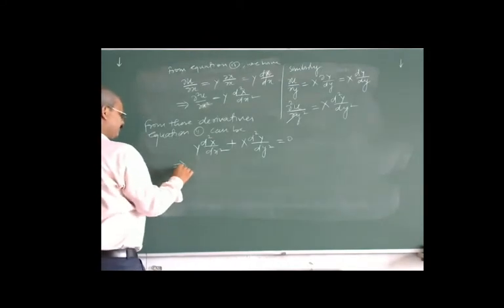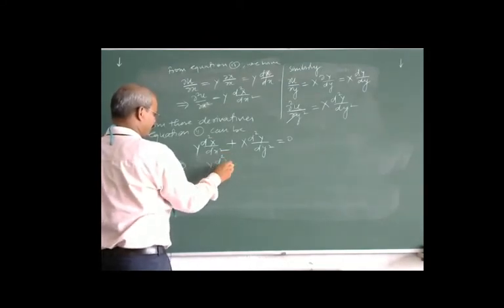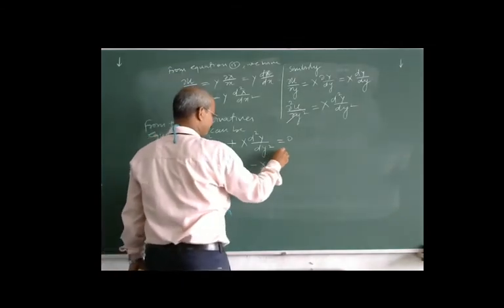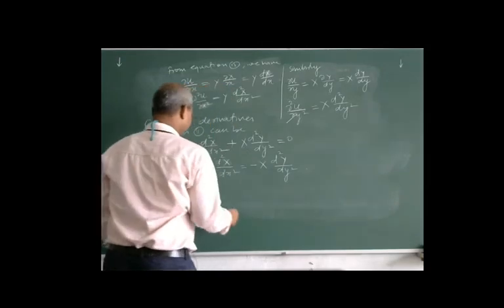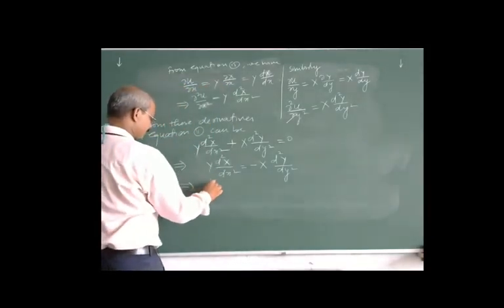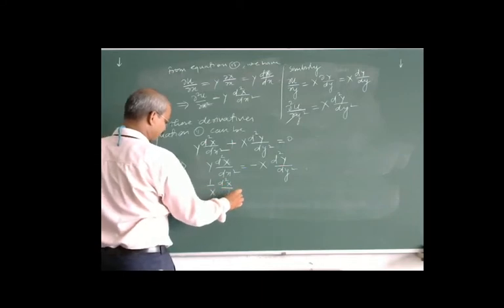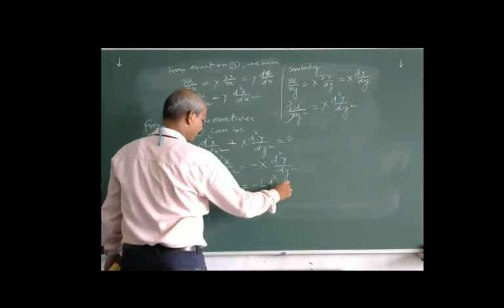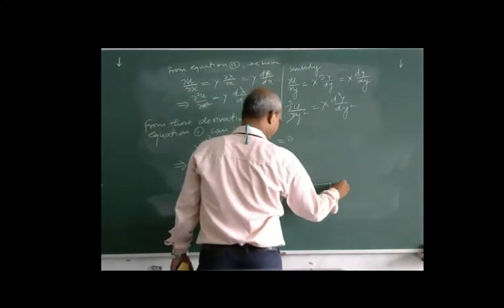So from here, Y d2X by dx squared is equal to minus X d2Y upon dy squared. This implies that 1 upon X d2X upon dx squared is equal to minus 1 by Y d2Y upon dy squared. This is equation number 3.